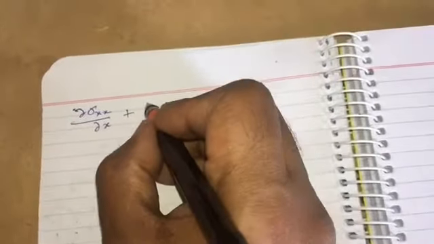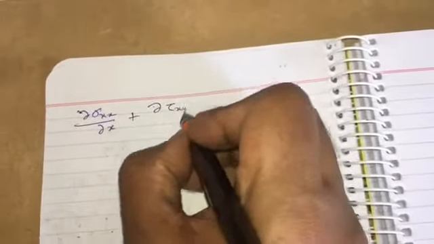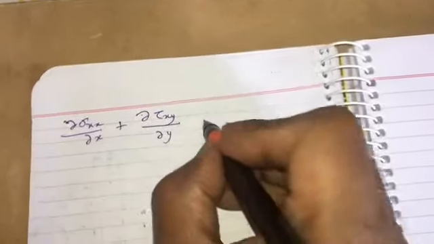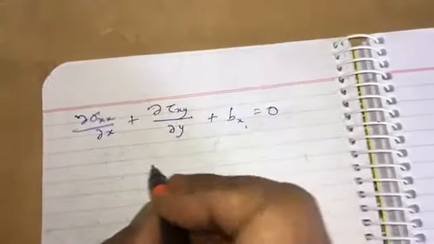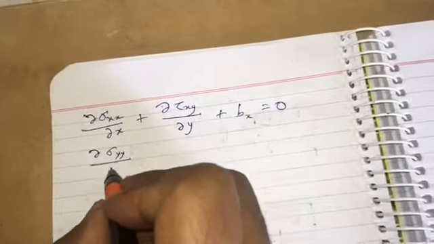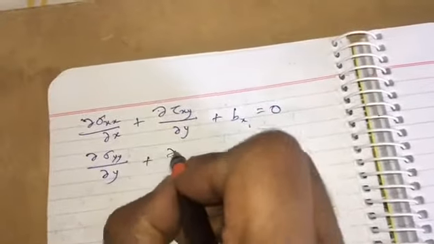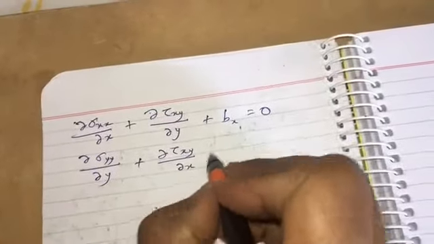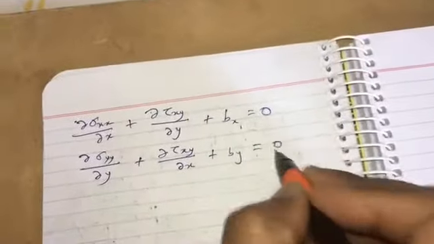Rewriting the equation of equilibrium in x direction first, we have del sigma xx over del x plus del tau xy over del y plus bx equal to 0, and similarly we will get del sigma yy over del y plus del tau xy over del x plus by equal to 0.